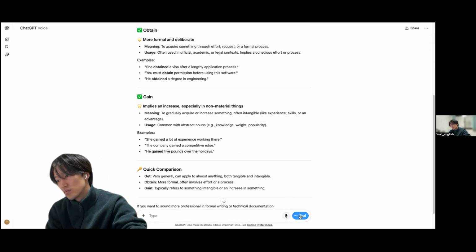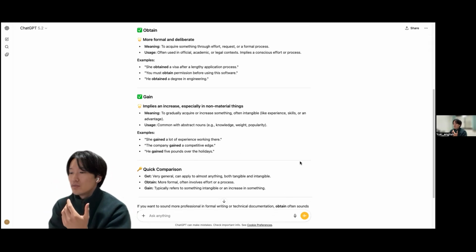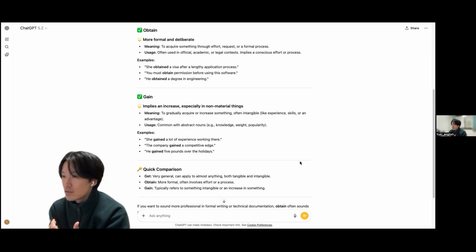If you want to sound more professional in formal writing, obtain: more formal, often involves effort or process. She obtained a visa after a lengthy application process. You must obtain permission before using the software. She gained a lot of experience.